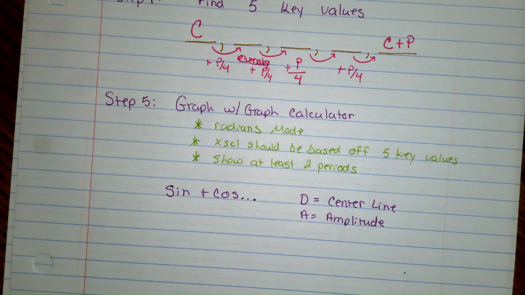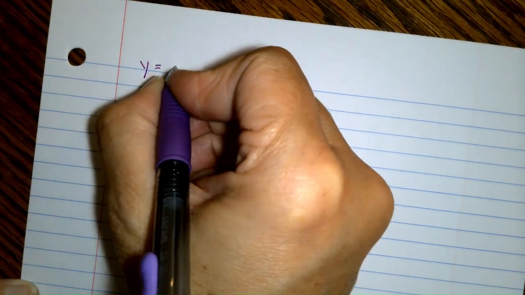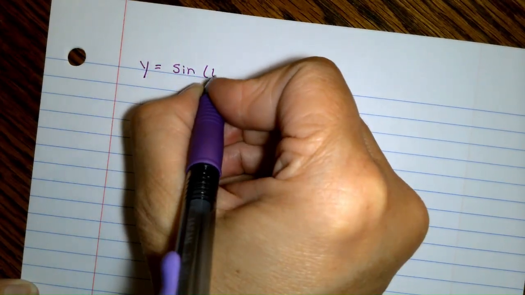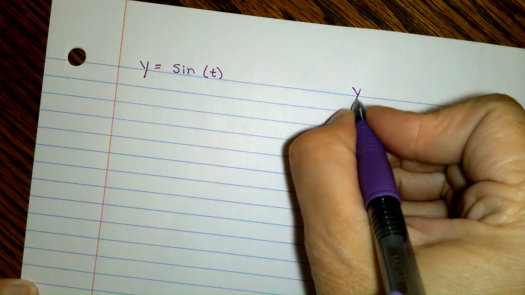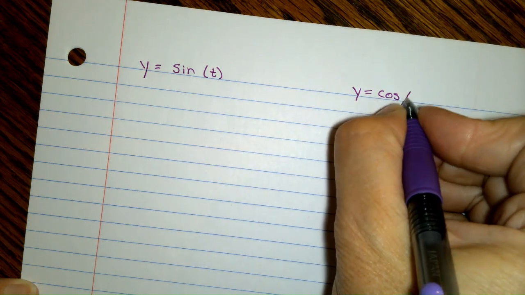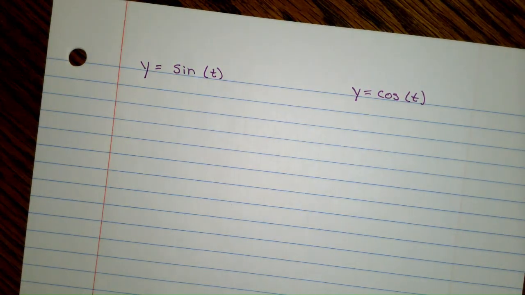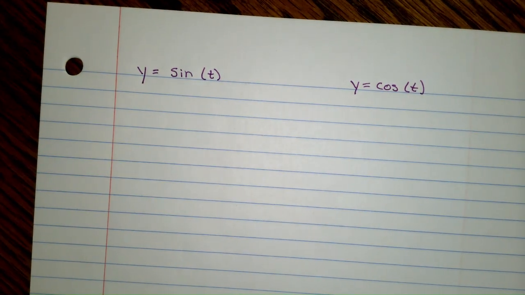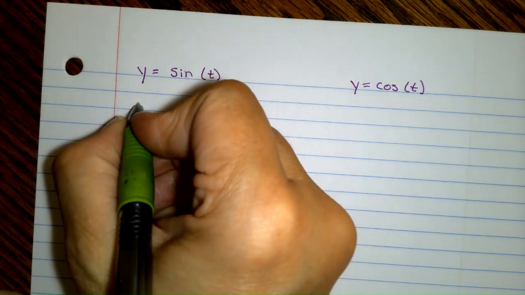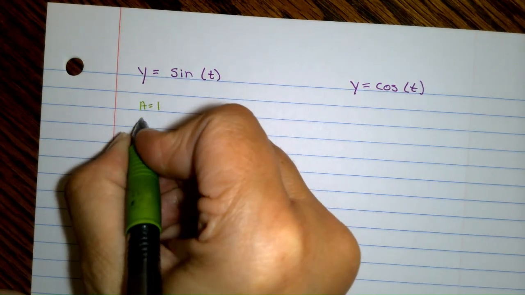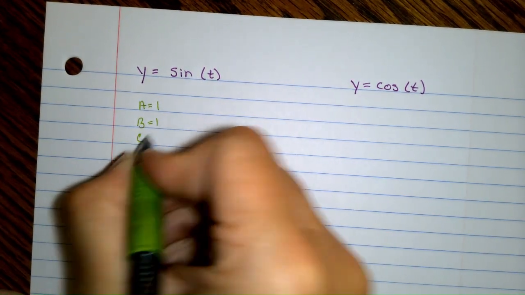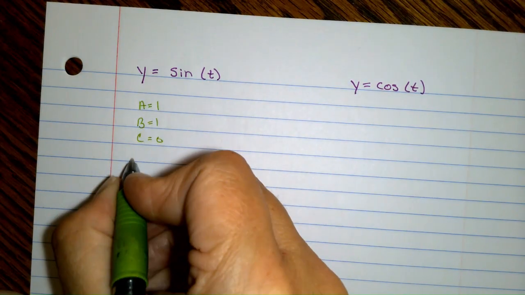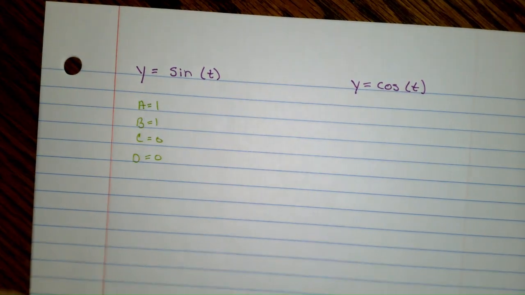So let's just look at basic sine and cosine. They're written with our A value as 1, our B value as 1. There's no plus or minus, our C value is 0, and our D value is 0 for both of these.